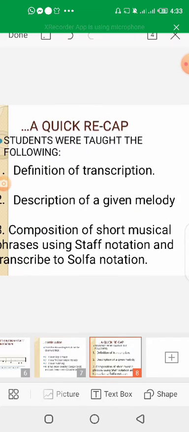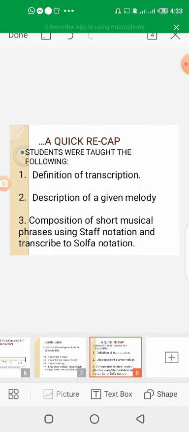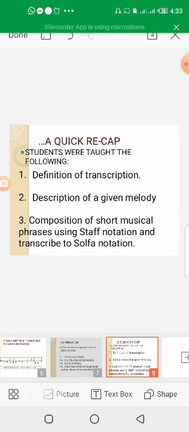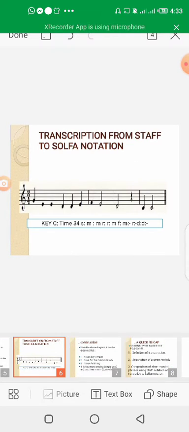Then finally, composition of a short musical phrase using staff notation, and describe and transcribe to solfa notation. This is the short musical phrase using staff notation. So you can as well do something like this and be able to transcribe it just like the one below.